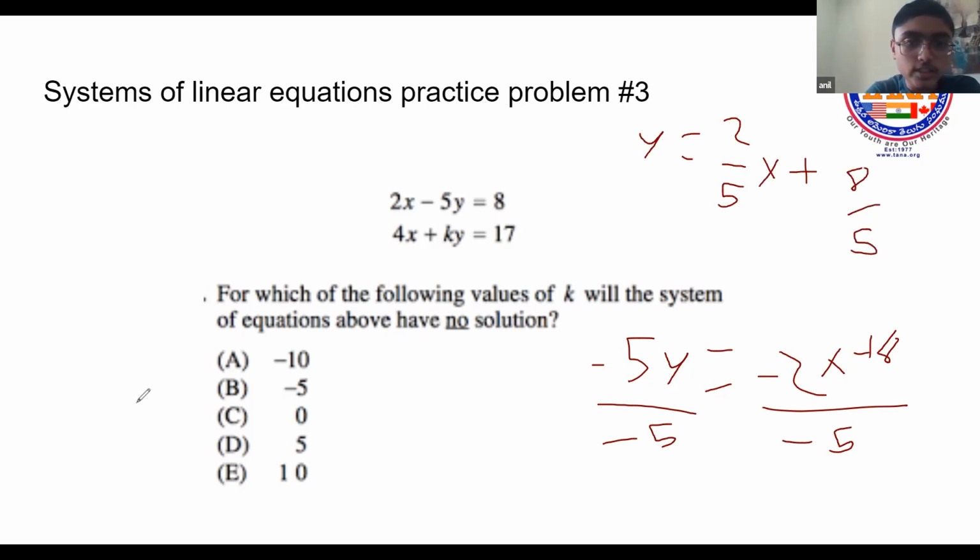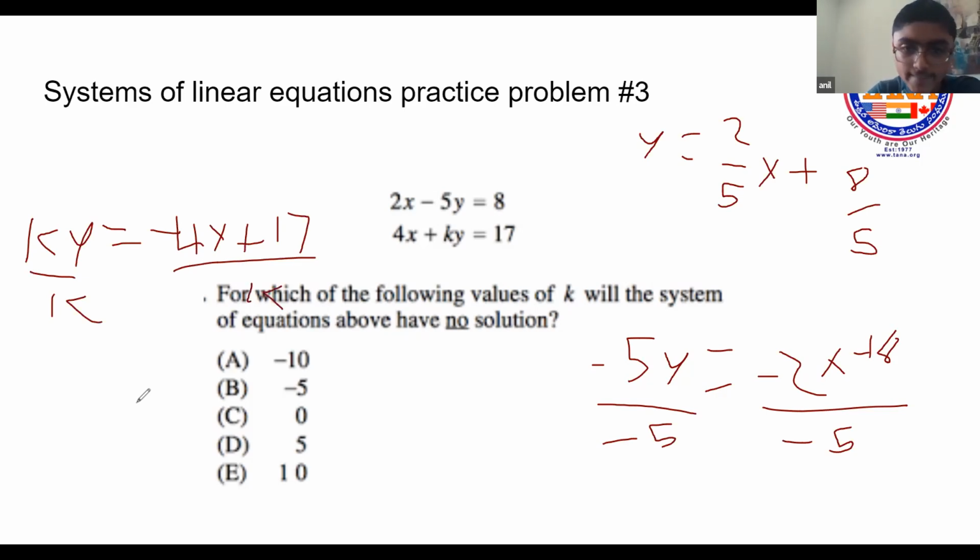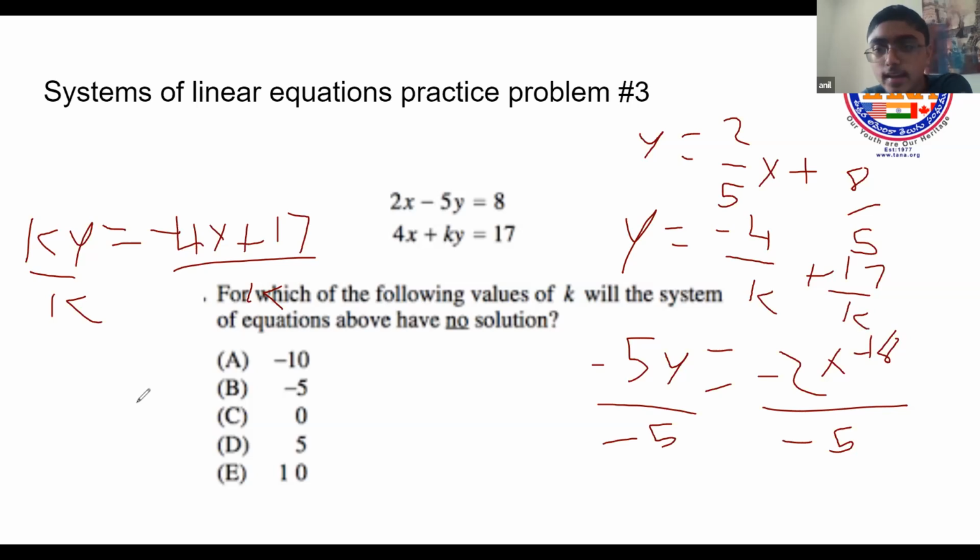And then the second equation, you turn it into ky equals -4x plus 17. Divide by k on both sides, and that becomes y equals -4x over k plus 17 over k.